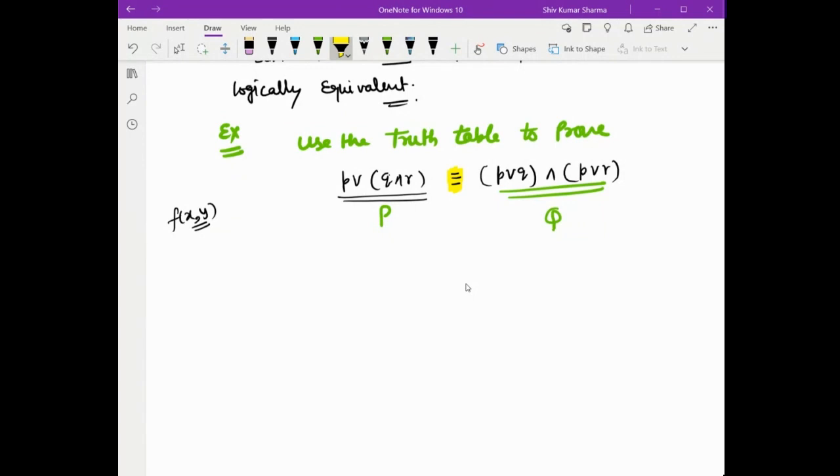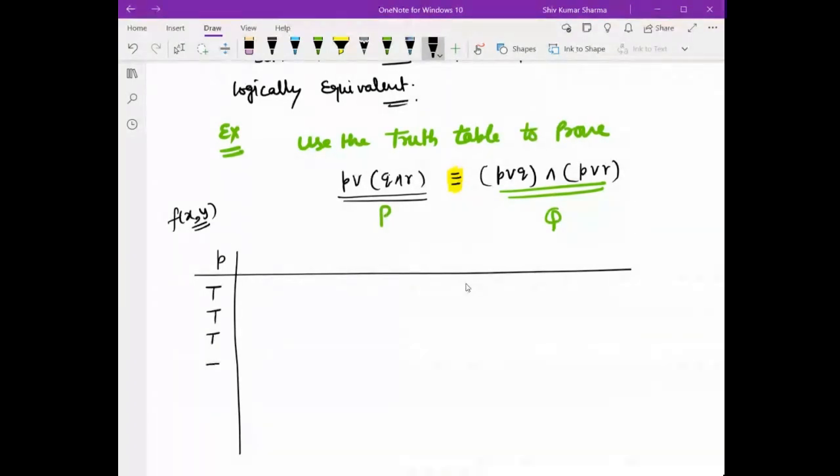So we construct the table according to the statements. We have three statements P, Q, and R, so we have at least 8 rows. The first column has 4 true values and the last 4 false.